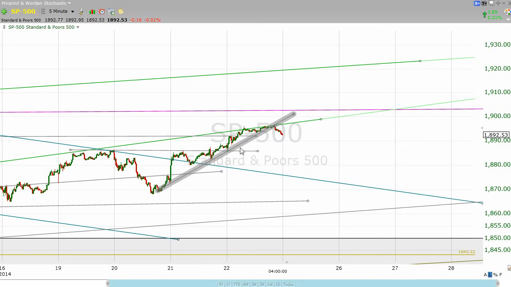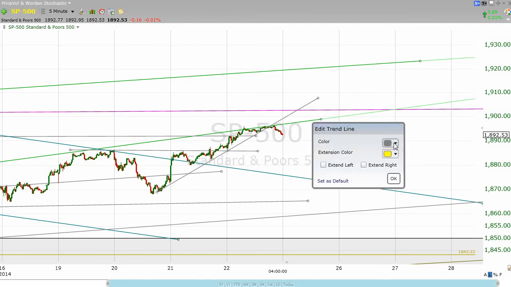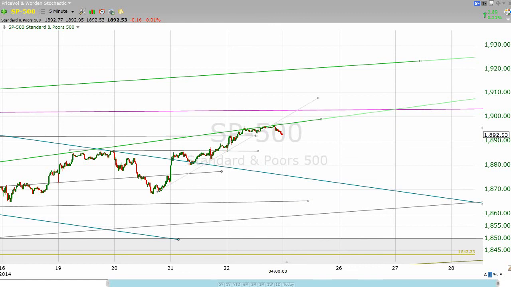Often we will see lines like this break, only to find out at some point in time that we actually were in the process of forming a channel. So that's not a grave concern by any stretch right now. I'll go ahead and keep that on the chart, but I'll make it very light, just so we know it's there.